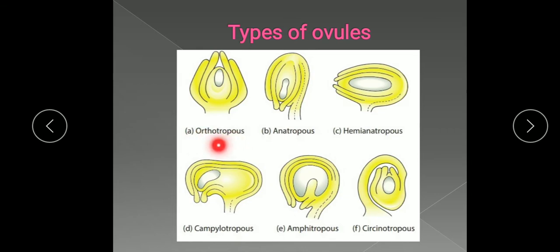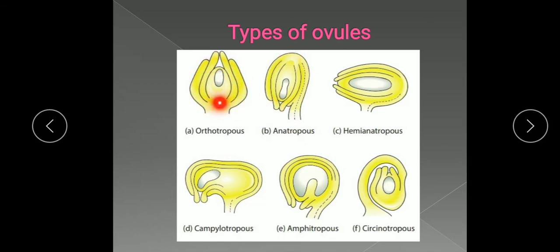So first ovule is orthotropous. This type of ovule is upright with micropyle. Here micropyle, chalaza and the funicle, they all are in a straight line. So all these three structures, where is the funicle? This is funicle, this is micropyle, and this is chalazal end.